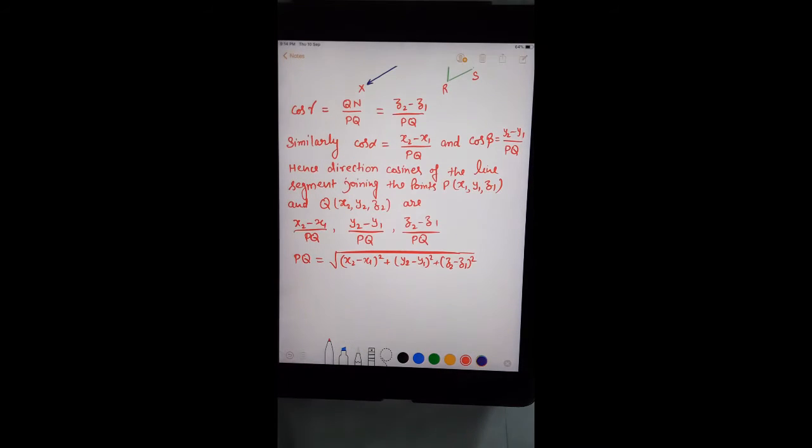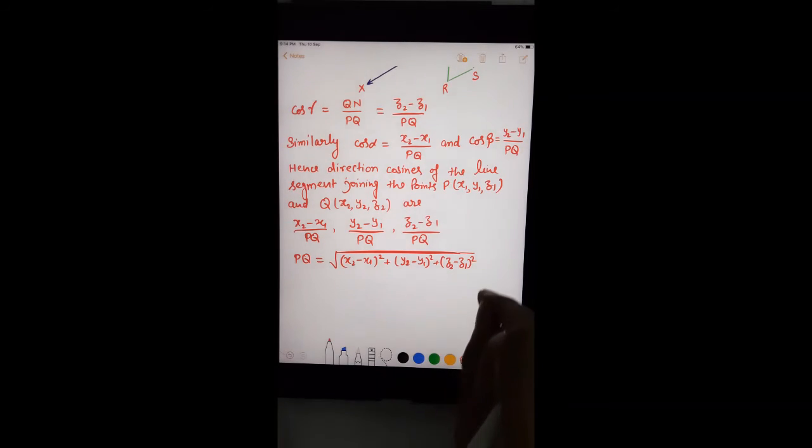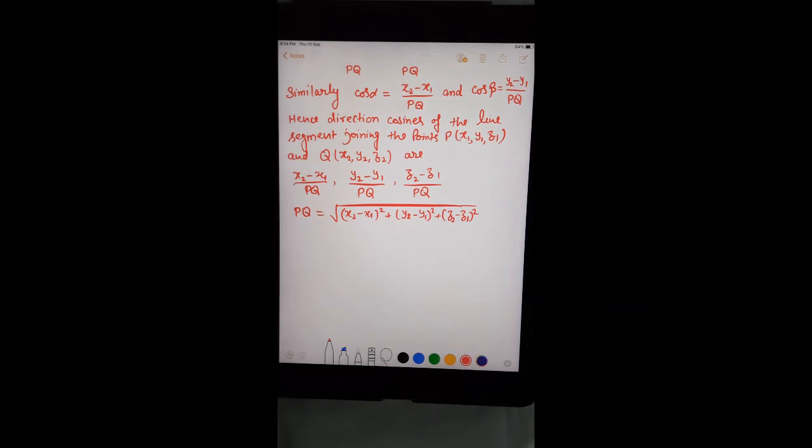Now we know that the direction ratios are the three numbers which are proportional to the direction cosines. So if we multiply all these direction cosines with PQ, then we will get the direction ratios.